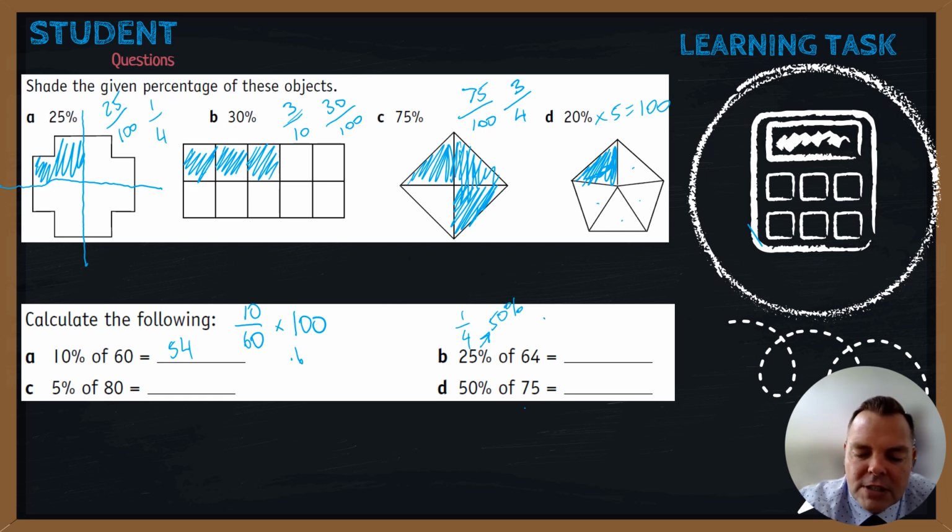Well, half of 64 is 32, right? But that's too much. I need to go, what's half of 32? Half of 32 is 16. So 1/4 of 64 equals 16.